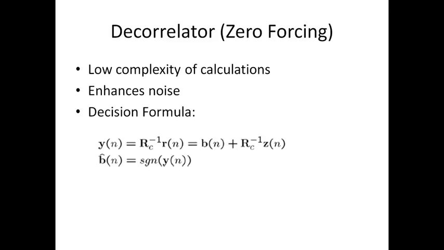It has very low complexity for calculations, so it's a fairly common one, but the problem is it enhances noise. As you can tell from this decision formula here, you're inverting your cross matrix, which will cause, if a number is very close to 0, when you invert it, it's going to become very huge.